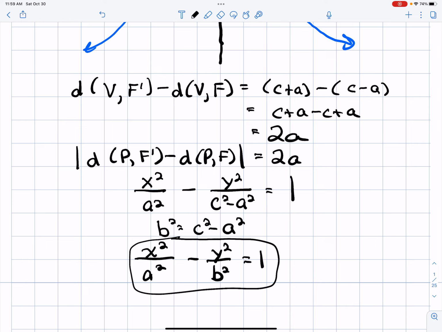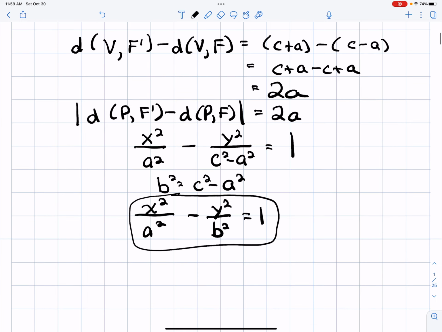There's a lot more differences when we go to actually graph, but just keep that straight when you're trying to identify the equation. The ellipse and the hyperbola look very similar, but the ellipse has the plus sign while the hyperbola has the minus sign.